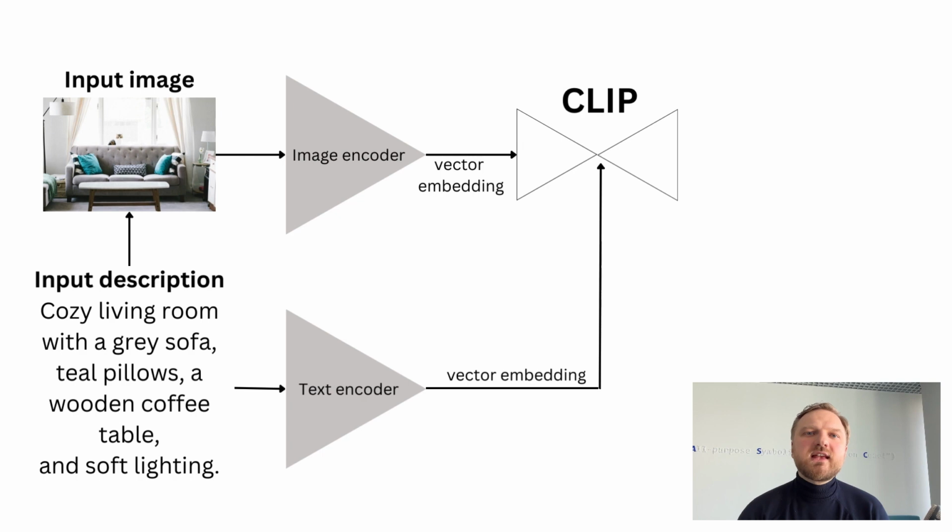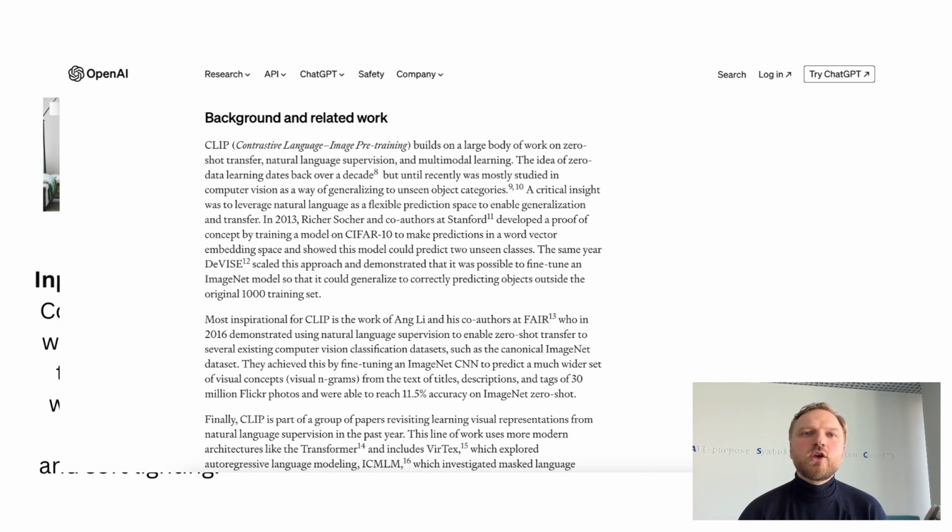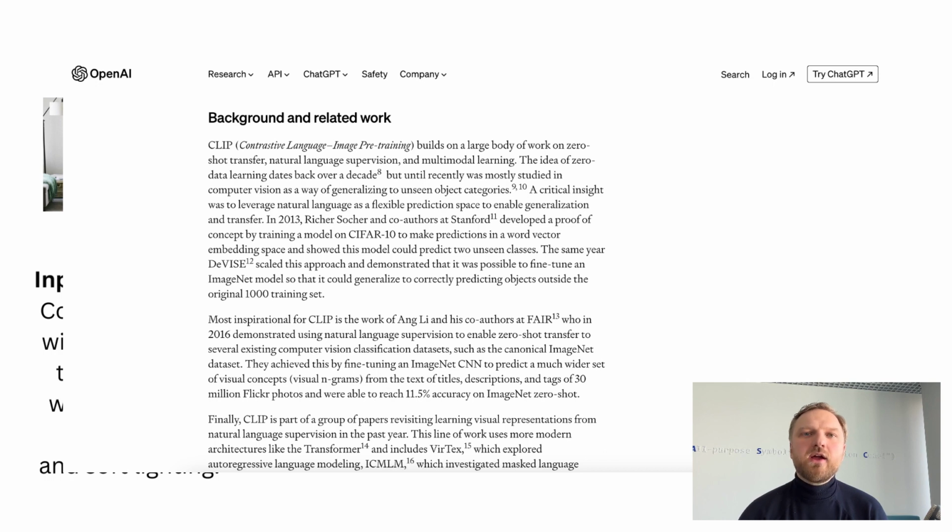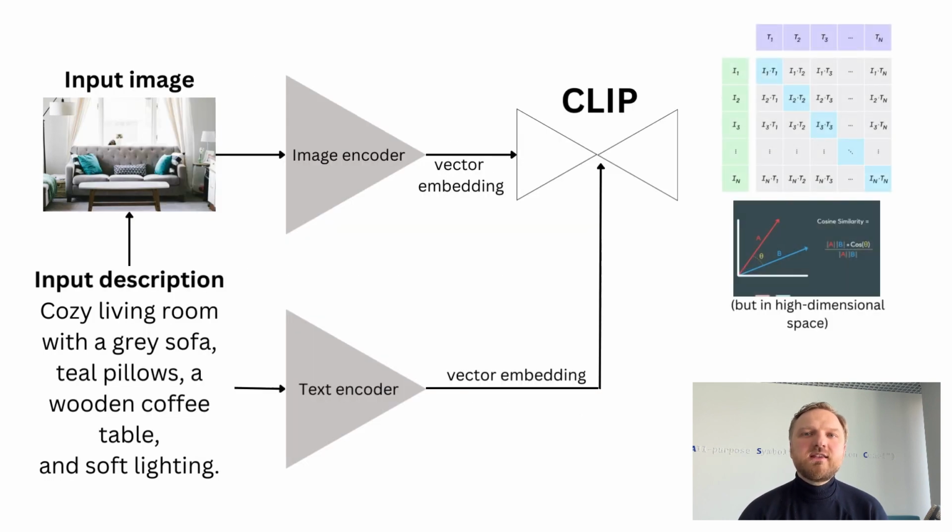The model is then trained using a contrastive learning approach, or CLIP, technique which was introduced by OpenAI, where it learns to minimize the distance between vectors of matching text-image pairs and maximize the distance for non-matching pairs. In simple words, the model is trained to produce the same output for the matching text-image pairs. This process effectively teaches the model to accurately align text description with the corresponding visual content.